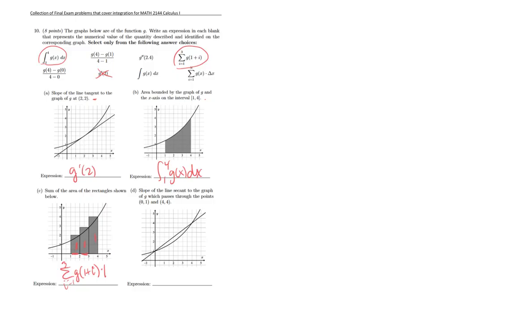The delta x in this case is just 1, so I'll write times 1 there just for emphasis. And then what is this? This is the average rate of change on the interval from x equals 0 to x equals 4. So that's this one. g of 4 minus g of 0 over 4 minus 0 will give us the slope of that line.